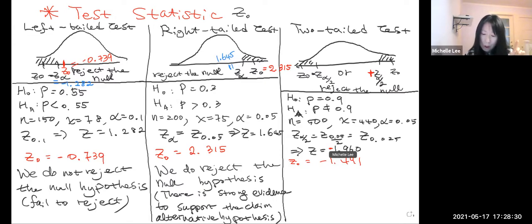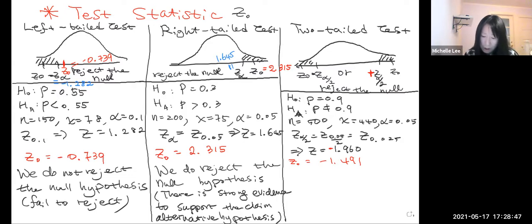Which one is more on the left side? This Z sub alpha over 2 is more on the left side, right? So let me draw.